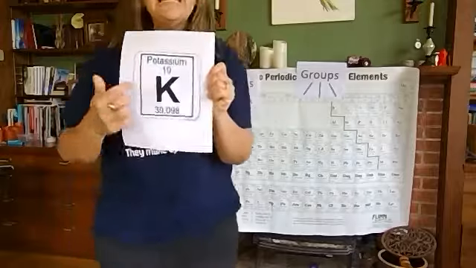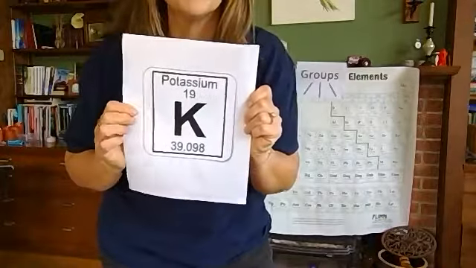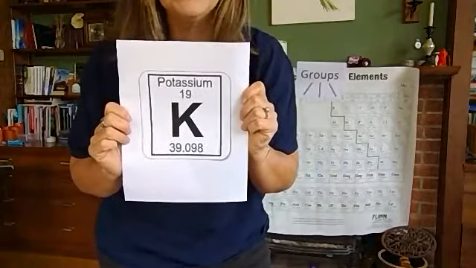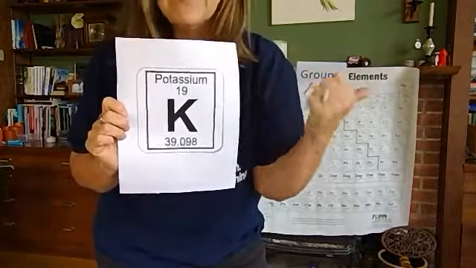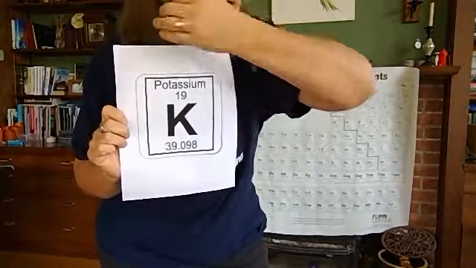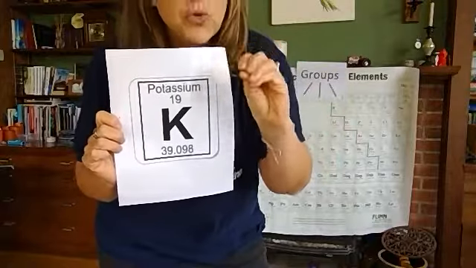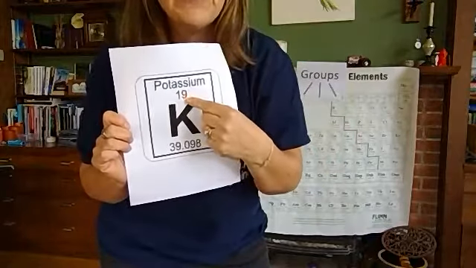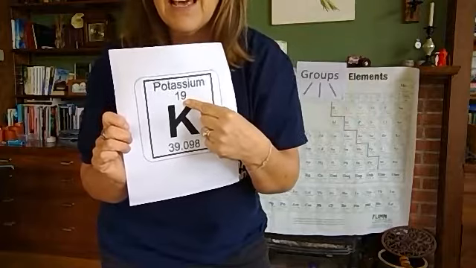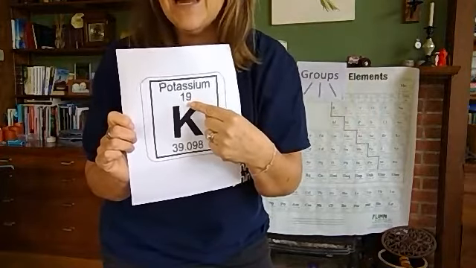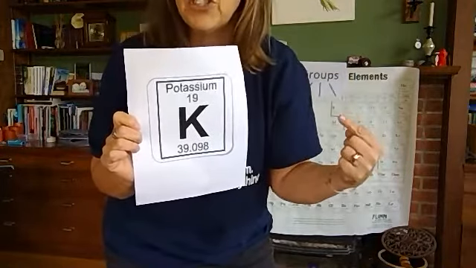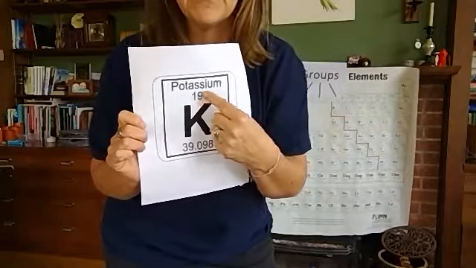Okay, so I've got number 19. The number 19 tells us that there are 19 protons in that atom. Last week's lesson told us that if we want our atom to have a neutral charge, those 19 positive protons have to have 19 negatively charged electrons to offset it.